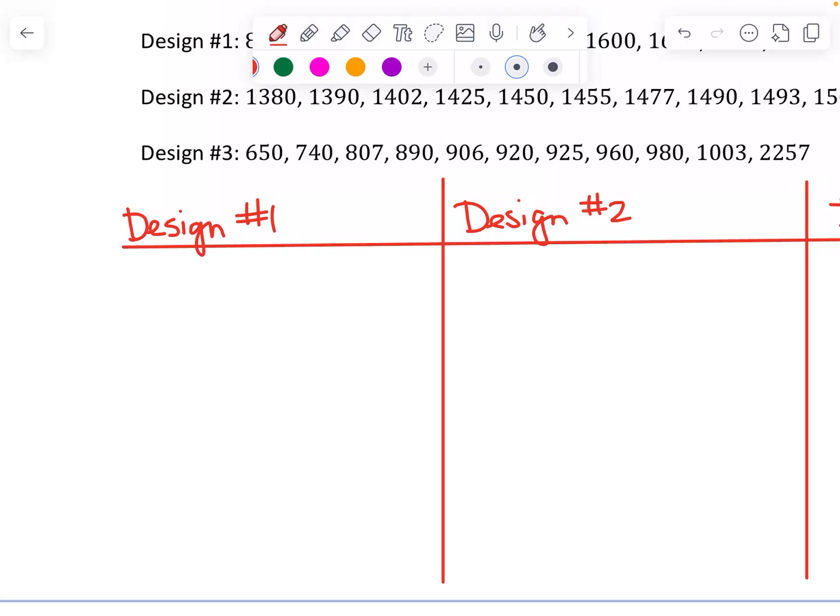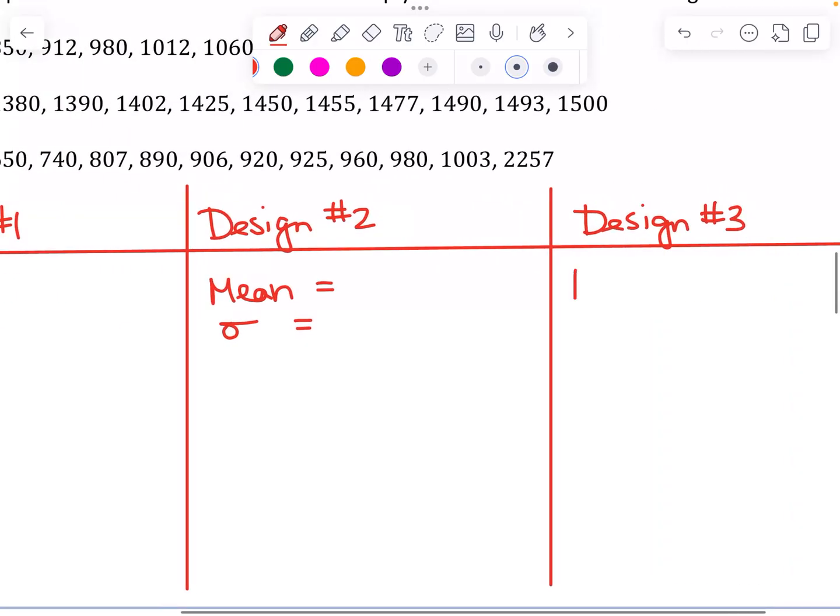So we're going to find the mean and the standard deviation for each. All right, let's do design 1 first.